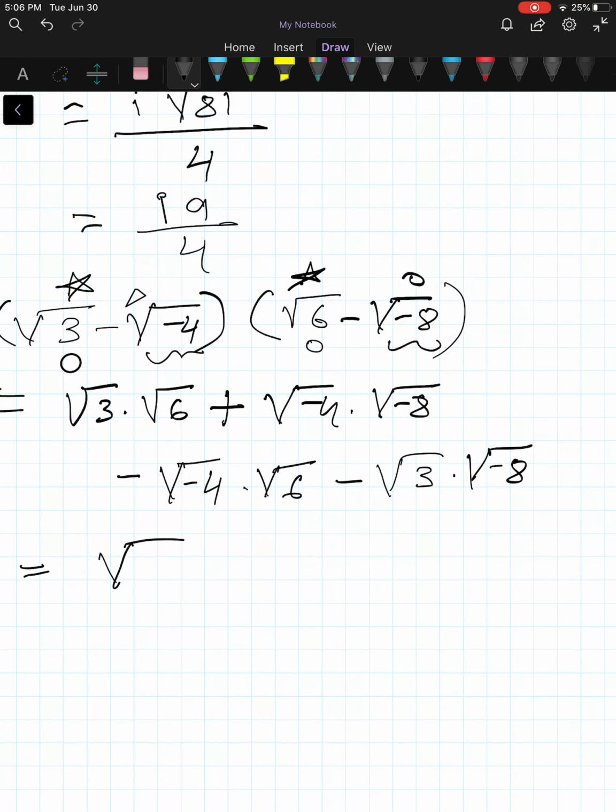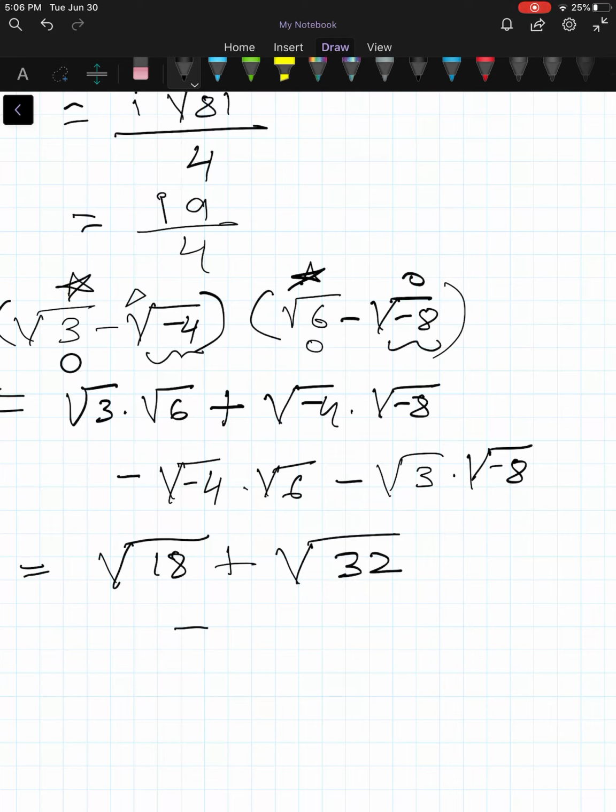So simplifying this using the rules of the square roots, we get square root of 3 times 6 is 18, plus square root of 4 times 8 is 32, but the negative sign will vanish after you multiply.